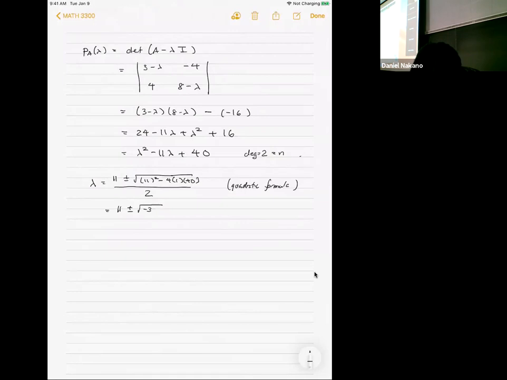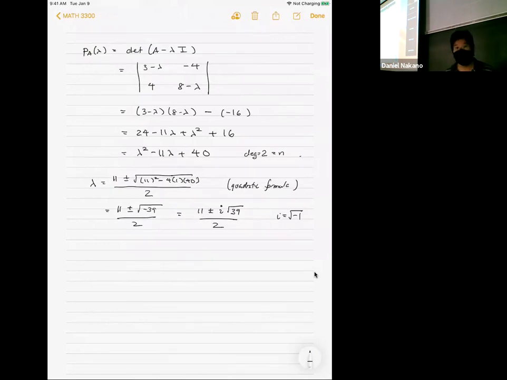Okay, so you do all the arithmetic in there. It's minus 39 over 2. Okay, so this is going to be 11 plus or minus i times the square root of 39, over 2. And here i is equal to the square root of minus 1.